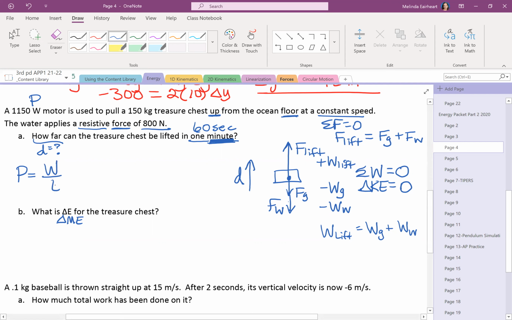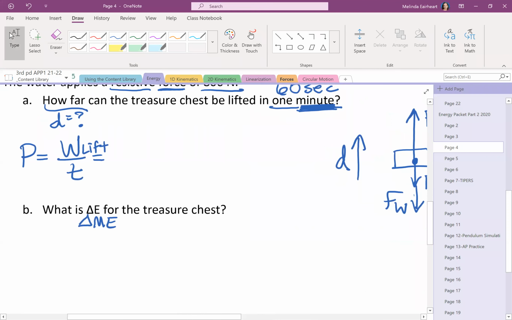The power of the motor is doing the lift. So this would be the work due to the lift. But we're trying to solve for distance. So where's distance going to come into play? Well, work is equal to force times distance, right? And so there's the D that we'll be solving for.